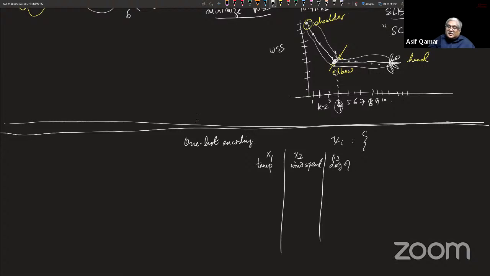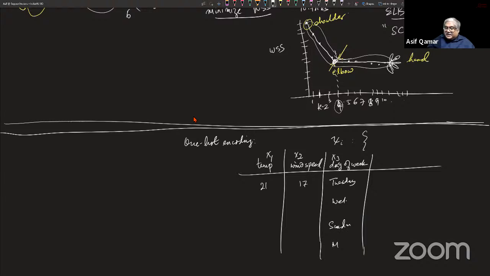So your values would be numbers, for example 21 degrees, and wind speed is 17 miles an hour. But this could be like Tuesday, Wednesday, Sunday, then maybe Monday.